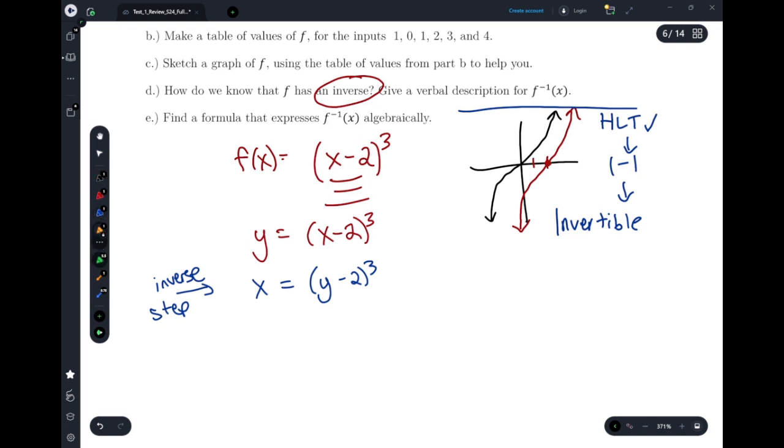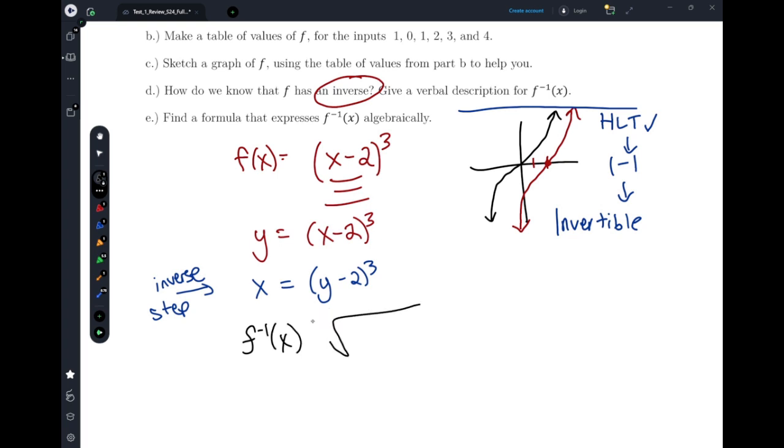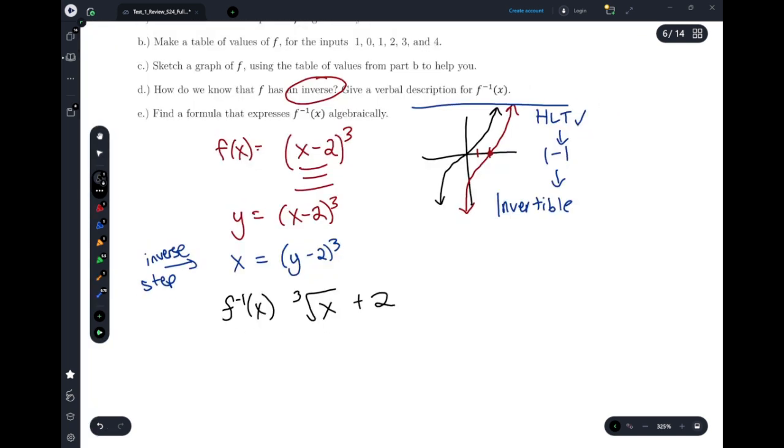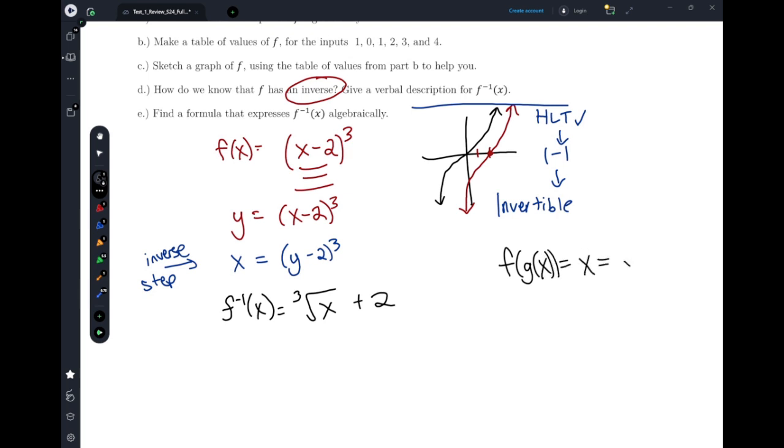And if you do really, really good math, you're going to end up with the inverse is equal to the cube root of x, plus 2. And we can call that g if you want to. But then we can use that old formula of f of g of x better equal x, which better equal g of f of x. And plug and chug to find it.